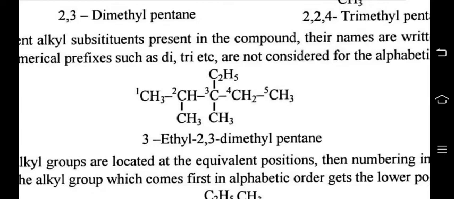And at position number 3, there is one ethyl group attached. So that ethyl group is also important. We have to write these as prefixes, the ethyl as a prefix and the methyl as a prefix, but according to alphabetical order. According to alphabetical order, ethyl comes first. So 3-ethyl-2,3-dimethylpentane is the compound.